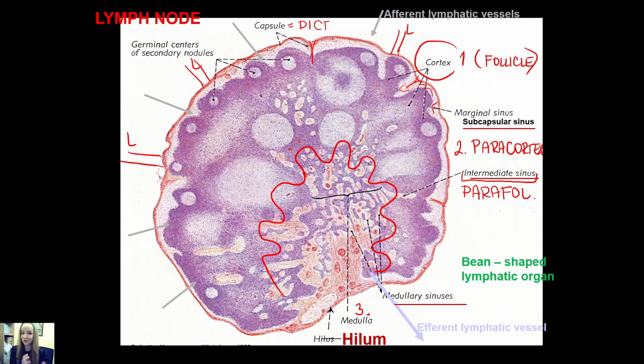Medullary sinuses are of course in the medulla, and they are wide. Not the biggest, because really the subcapsular sinus is very big, but probably they're bigger than normal sinuses in the cortex. Once again, we don't have follicles in the medulla, and that's how we differentiate medulla from the cortex.